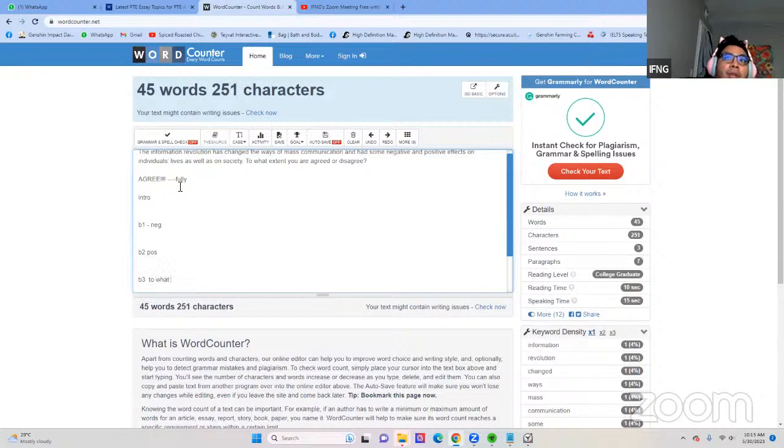Why do you fully agree with it? To what extent do you agree or disagree is basically going to be just body paragraph 1 or 2. Oh yeah, we have to have body paragraph 3. To what extent? Okay, all right.